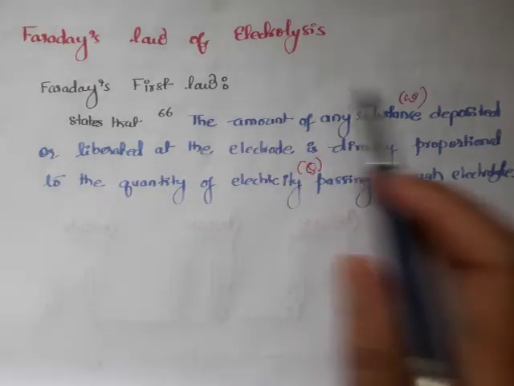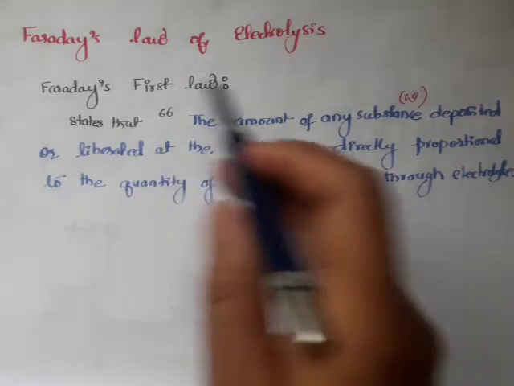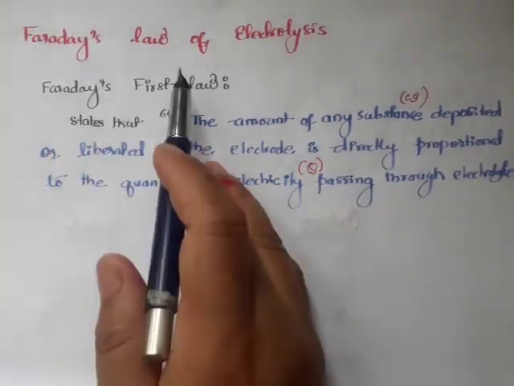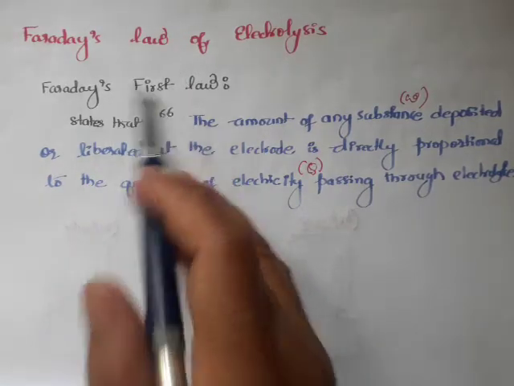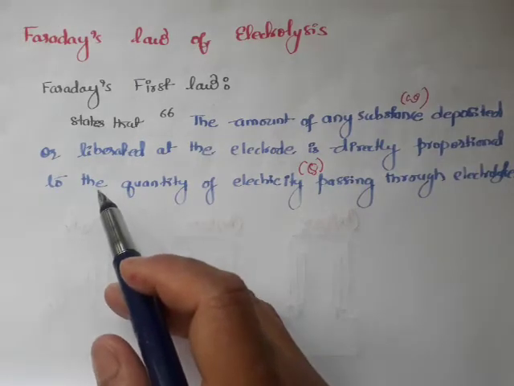When we talk about electrolysis, we should know the laws of electrolysis, Faraday's laws of electrolysis. There are two Faraday's laws: Faraday's first law and Faraday's second law. What is the statement of Faraday's first law?